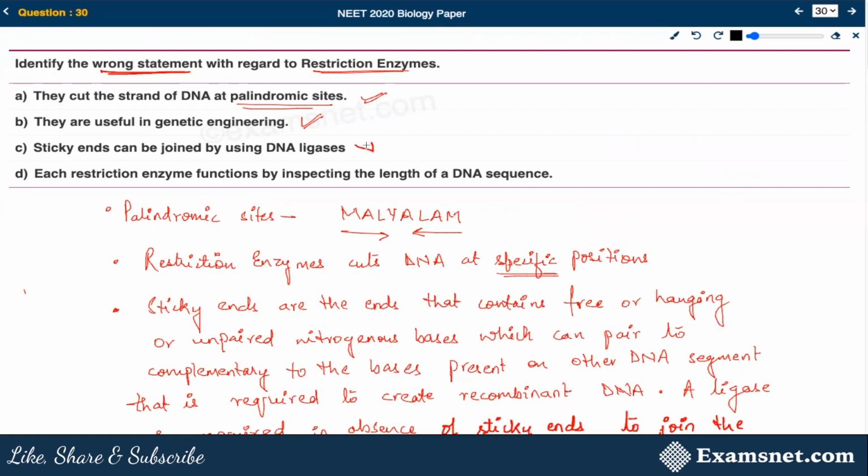And the last statement says that each restriction enzyme functions by inspecting the length of a DNA sequence. Again, this is the correct answer. So the wrong statement with regard to the restriction enzyme turns out to be option C. This one.